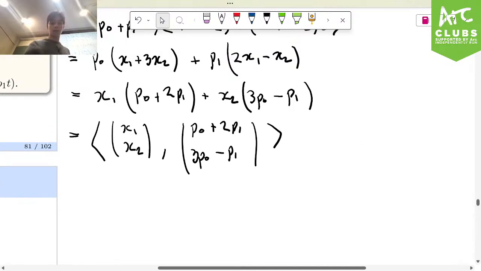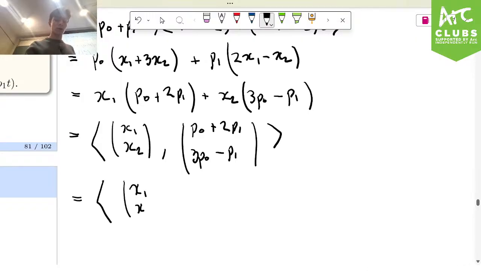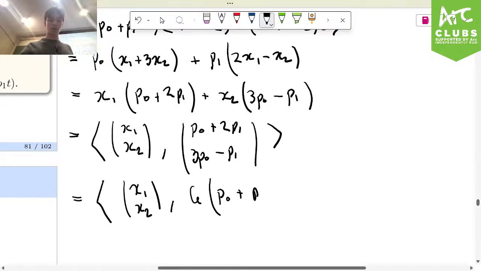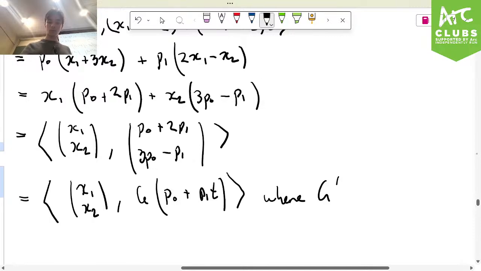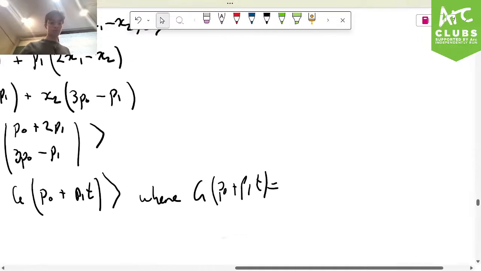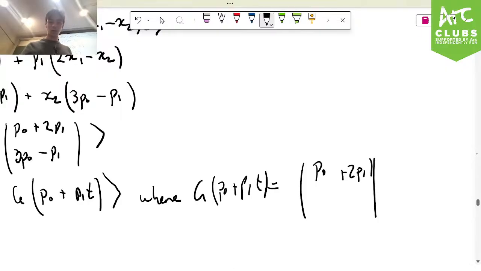We can rewrite this as the inner product of x1, x2 and a transformation, say g of p0 plus p1t, where g of p0 plus p1t is equal to p0 plus 2p1, 3p0 minus p1.